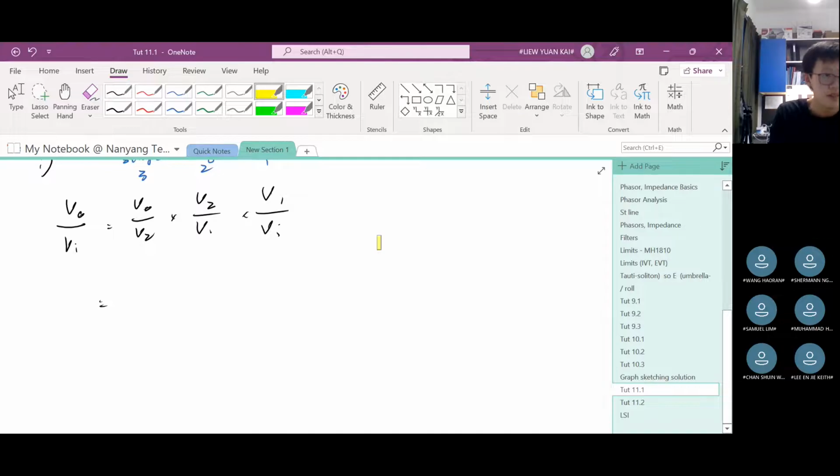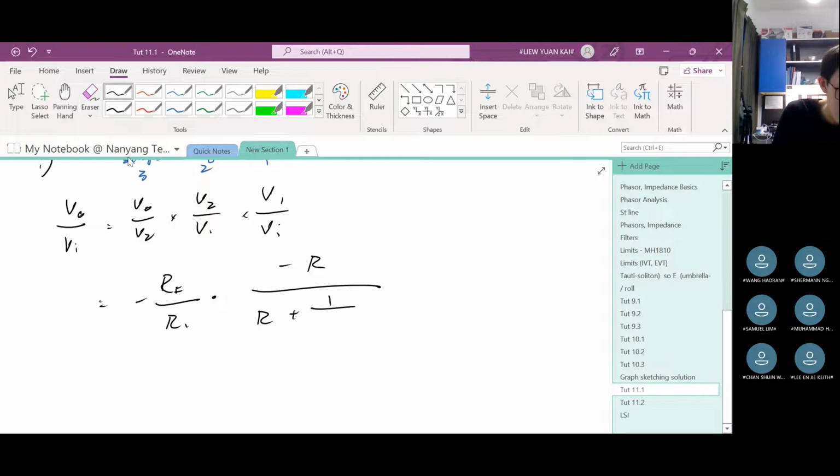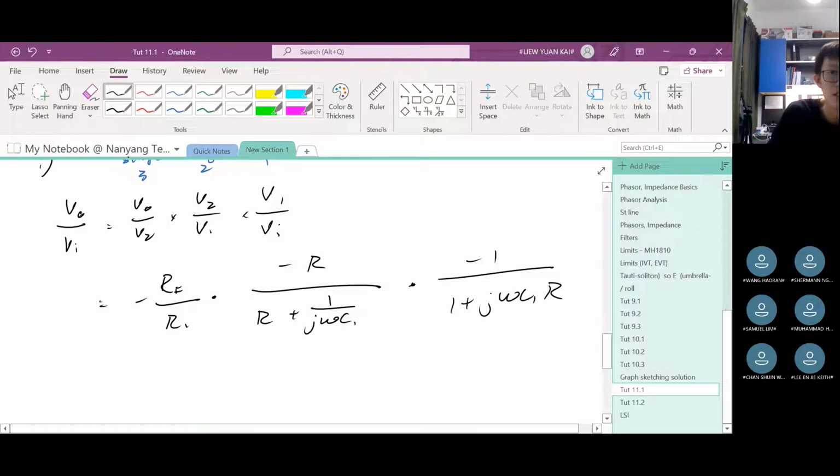So what you get is negative RF over R1 times negative R divided by R plus 1 over j omega C1, times negative 1 over 1 plus j omega C1 R. I can do some simplification.